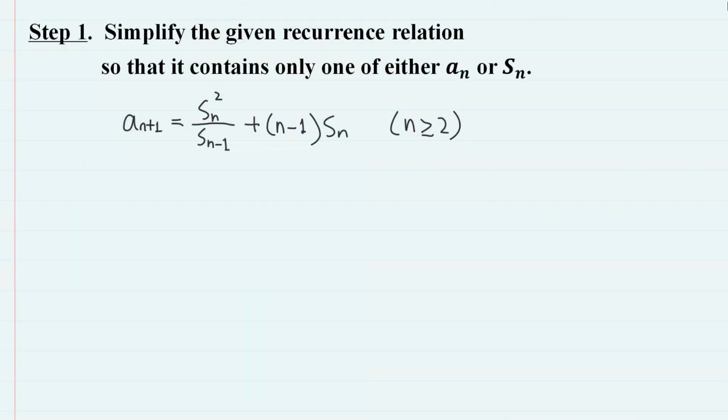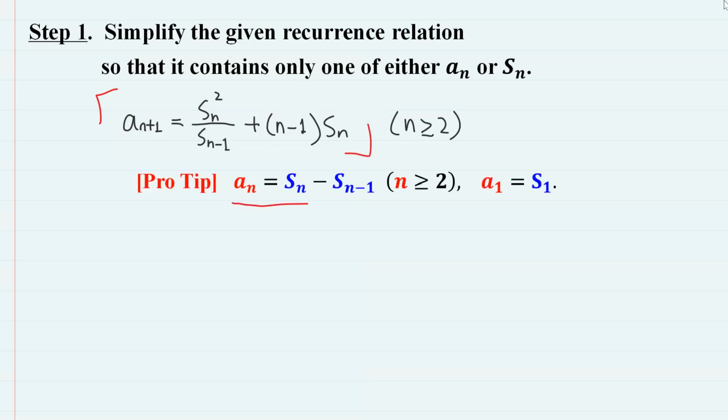So obviously, first we have to simplify this recurrence relation. In order to do that, we have to use this relation between a_n and S_n. The best way to apply this method is to change a_{n+1} into S_{n+1} minus S_n.